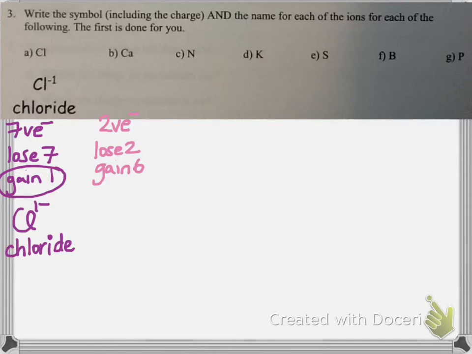If it gains 6, it's going to be like krypton. It's going to do whatever smaller, so it's going to lose its 2. So that means we're going to have calcium with a +2 charge. And because it's positively charged, its name is calcium ion.